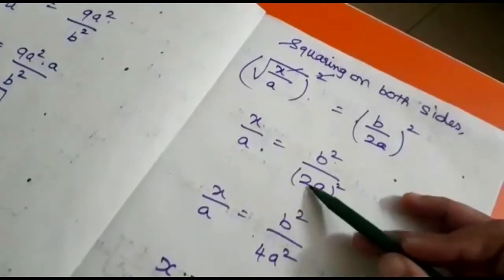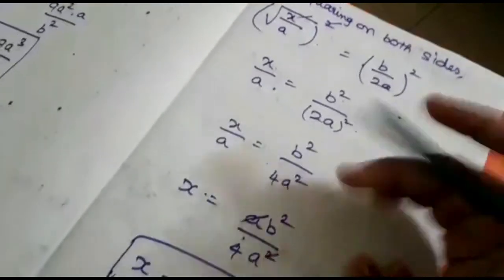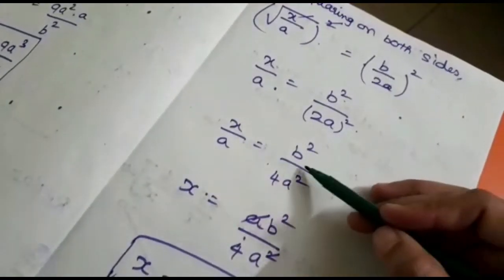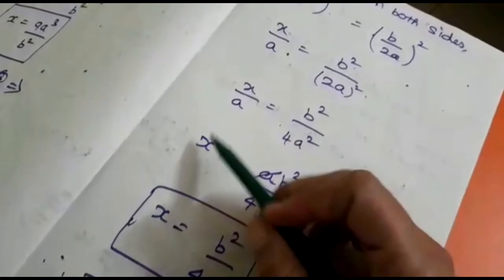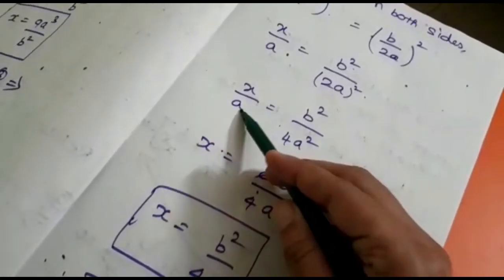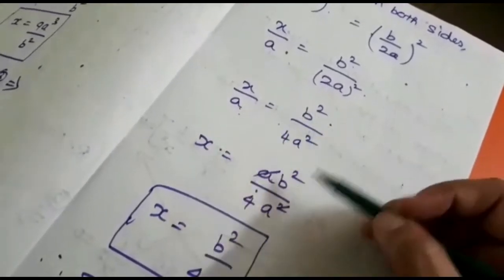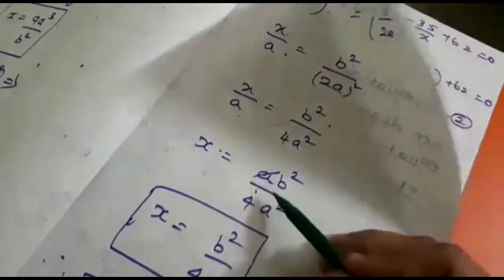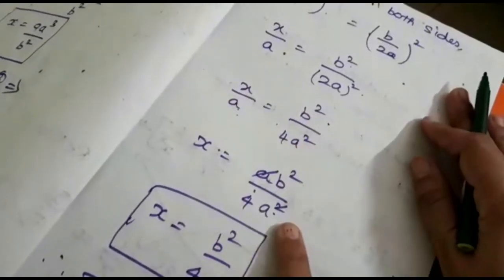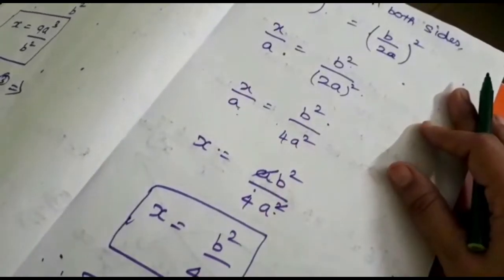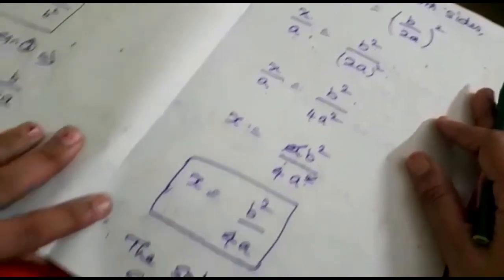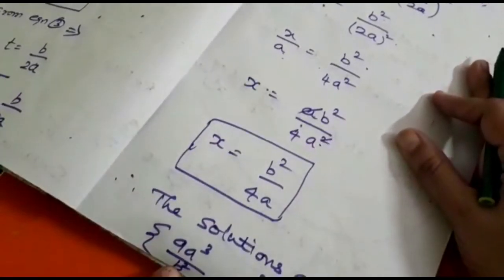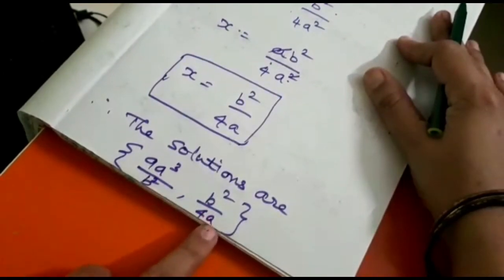So b square by 2a whole square. So x by a is equal to b square by 4a square. I want only the x answer. I can take this a to the right hand side, that will go to the numerator. So numerator a and denominator a will be cancelled one time. So b square by 4a. So the solutions are 9a cube by b square and b square by 4a. These are the required solutions.